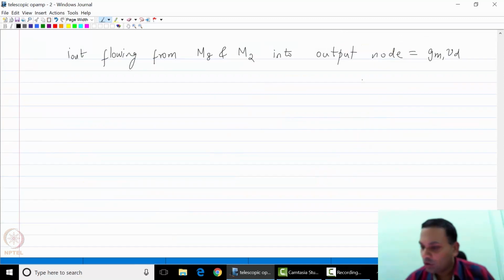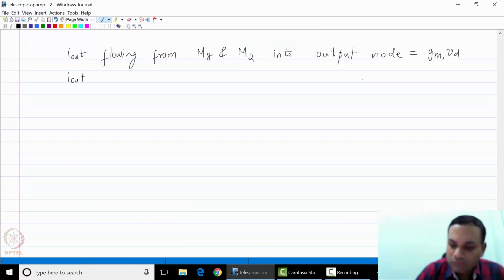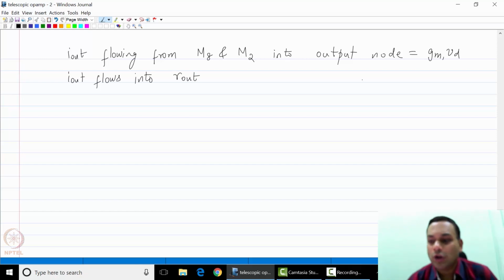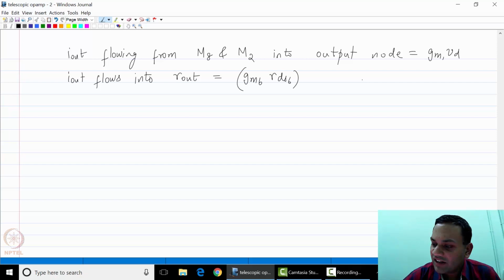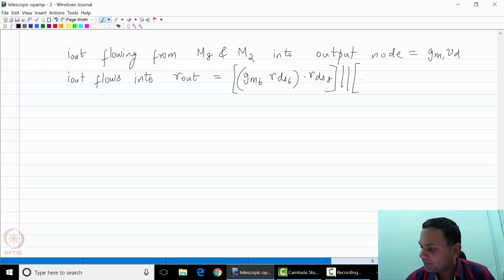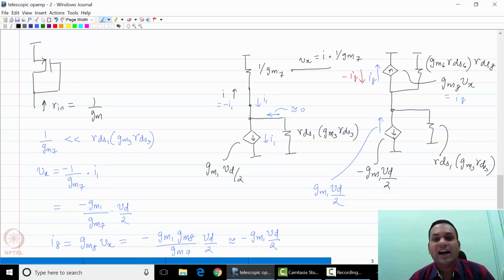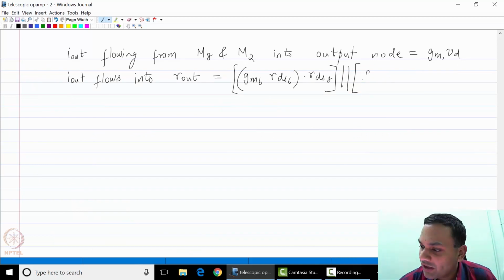Now this current Iout flows into the output resistance of the overall op amp, which is gm6 RDS6 times RDS8 looking upwards, in parallel with gm3 RDS3 times RDS1, or gm4 RDS4 times RDS2 looking downwards.